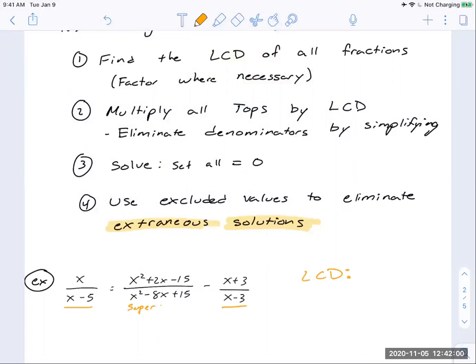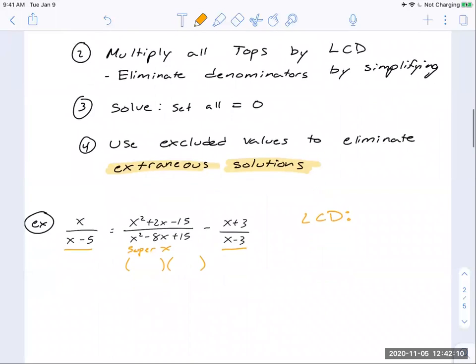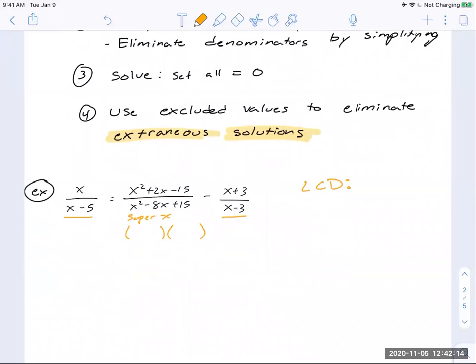Do the super x. What do I get? X minus, no. That's fine.